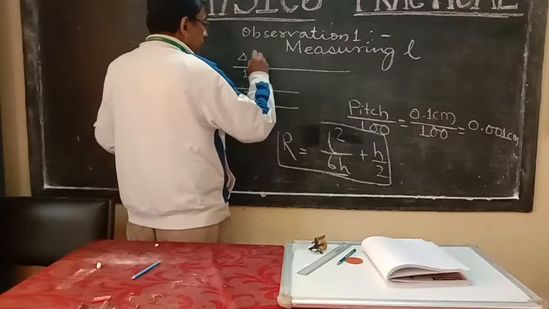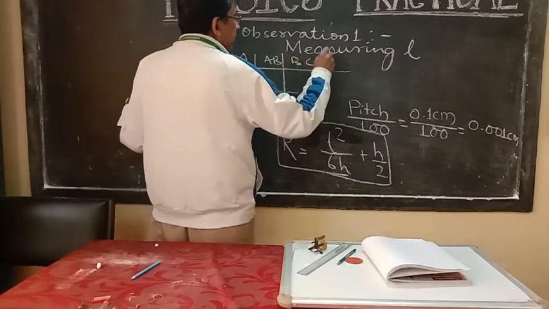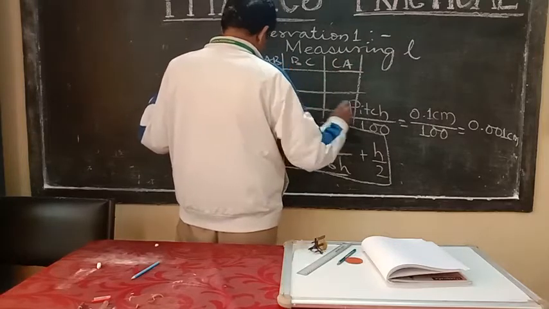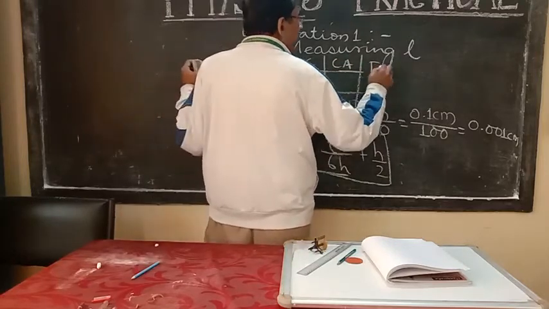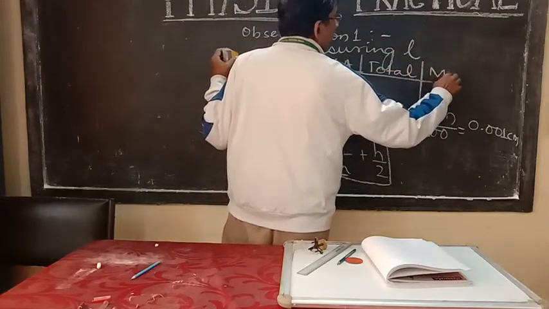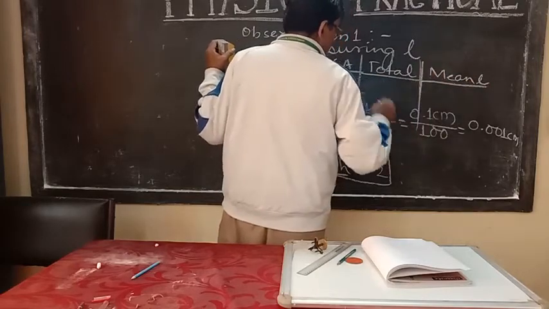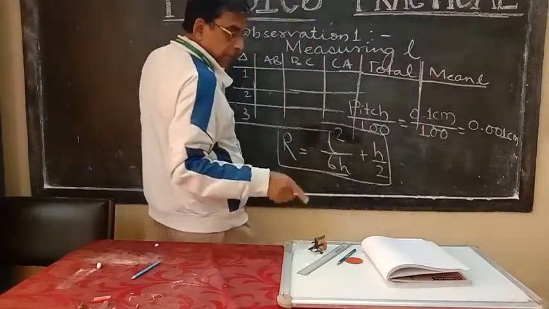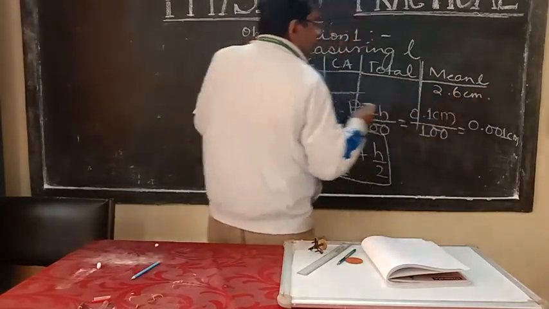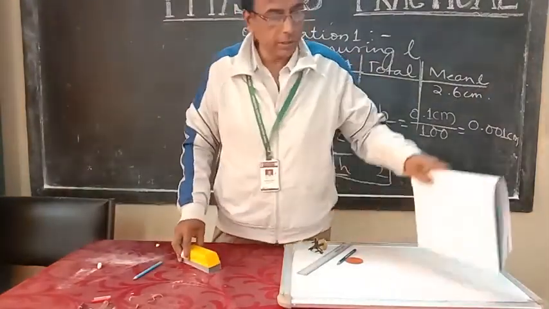You write like this. Then first you write AB, BC, CA, then total, then mean L. Suppose you are getting mean L as 2.60. This is your result, suppose 2.6 centimeter.